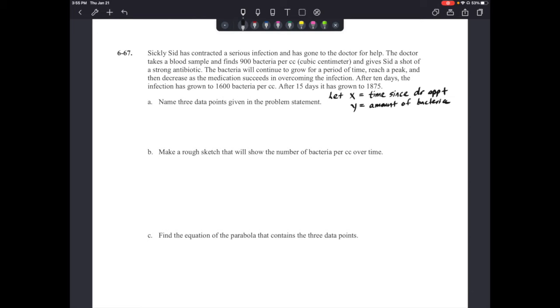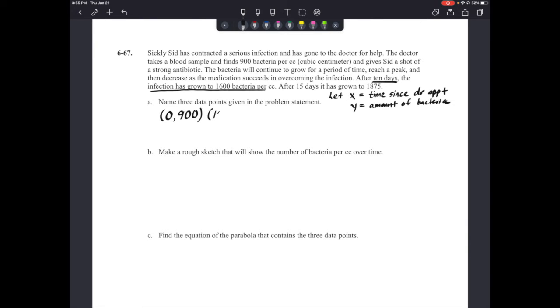So if Sid went to the doctor, that would be when we were starting, so that's 0. That's our starting value. We know that when he went to the doctor, he had 900 bacteria in his system. It then says after 10 days, the infection has grown to 1,600 bacteria.